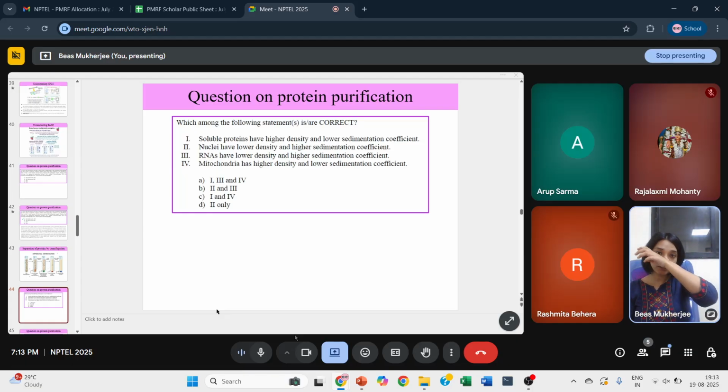Nuclei have lower density and higher sedimentation coefficient. RNAs have lower density and higher sedimentation coefficient. Mitochondria have higher density and lower sedimentation coefficient. So if it has higher density, it is going to separate out first. Right? That is what differential centrifugation says.